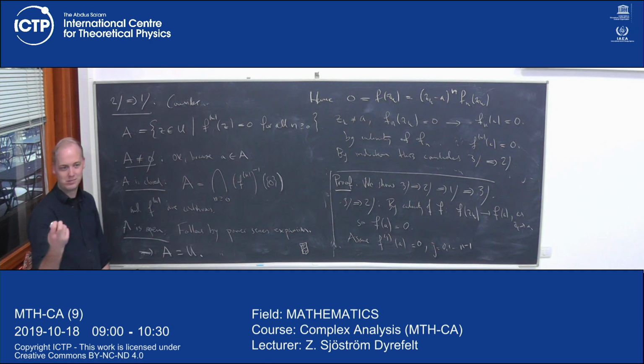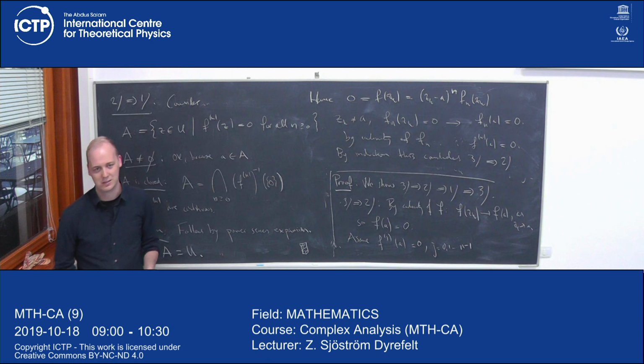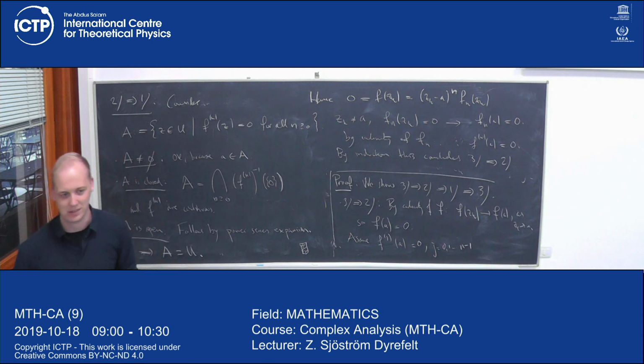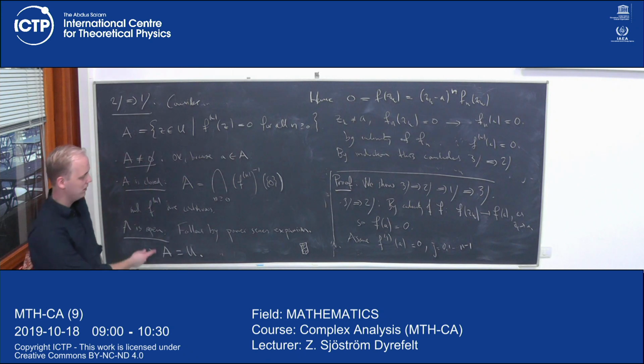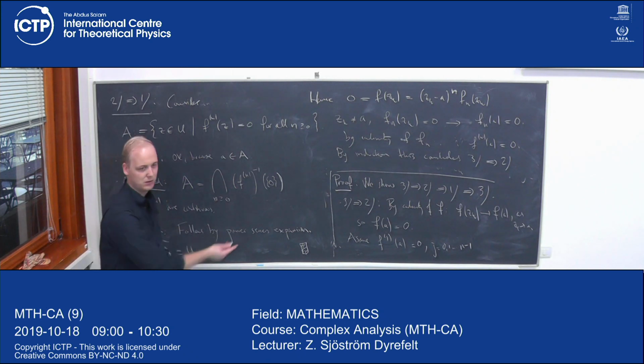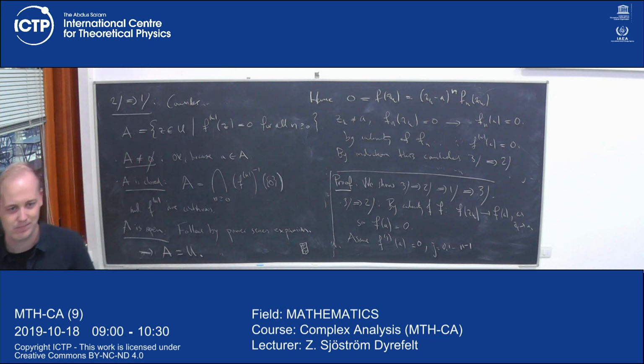It doesn't have to be zero everywhere. But you don't really normally consider holomorphic functions or complex analysis on a space with several connected components, because it is a local theory to be used for the study of complex manifolds. So it doesn't really make too much sense to study a disconnected space. But anyway, we have this, and then we have that 1 implies 3 was obvious, so this finishes the entire proof.